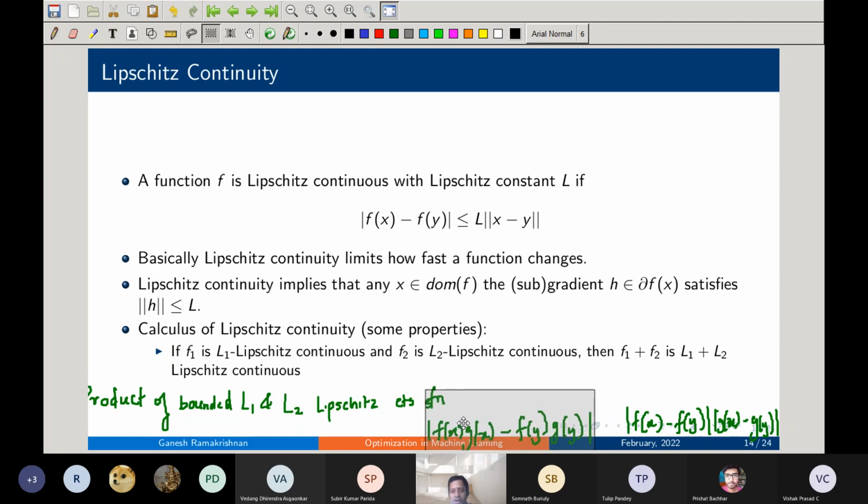By the way, in my more detailed course on optimization I would probably have the proof sitting there, so you can use that if you want. So this is less than or equal to L1 into L2, but also the bound of the function. I'm going to leave that as homework for you to look at.